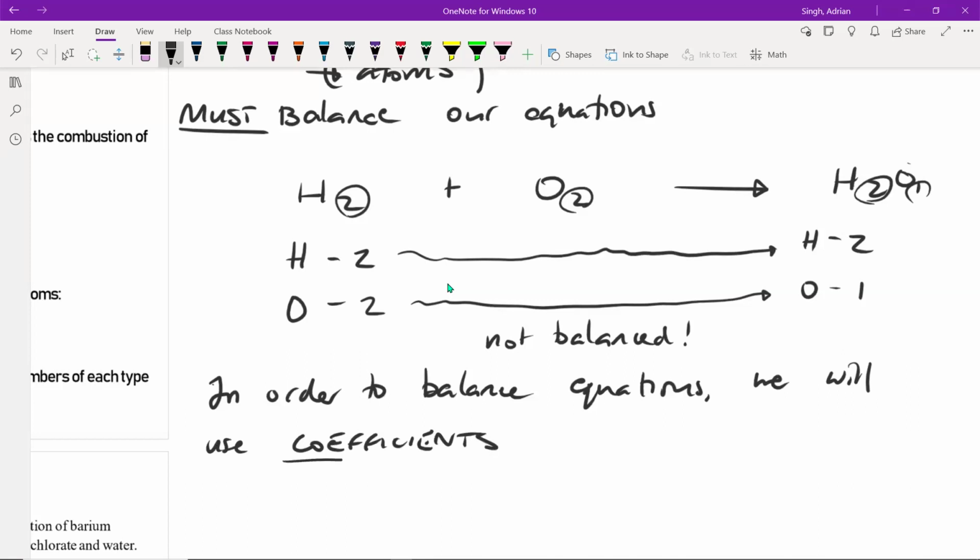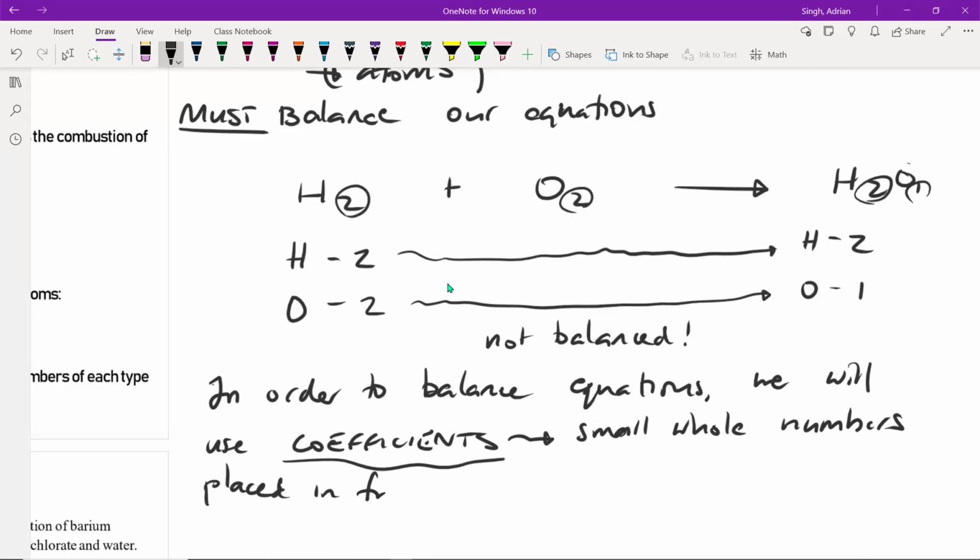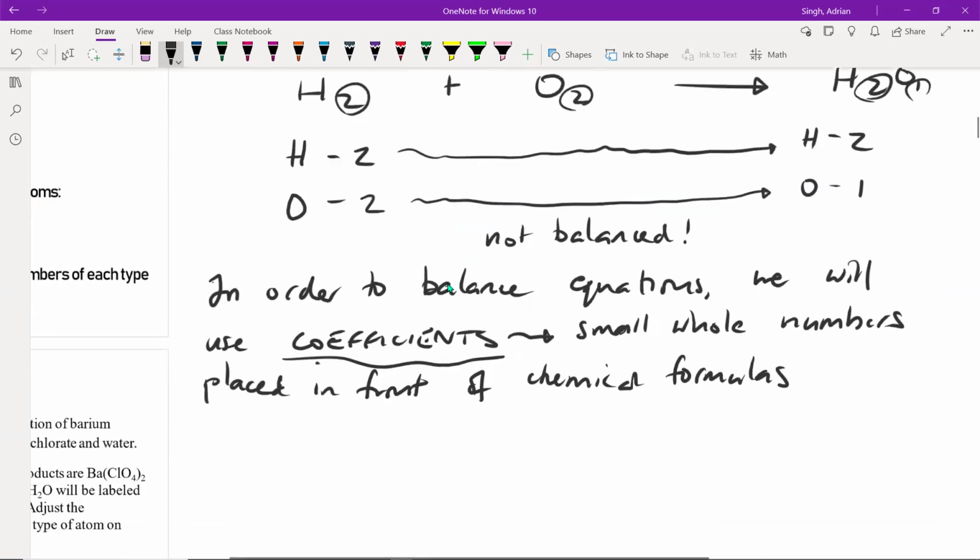Again, another example where we have a big fancy word that means something very simple. These coefficients are simply small whole numbers, small integers, placed in front of the chemical formulas in order to balance our equation.